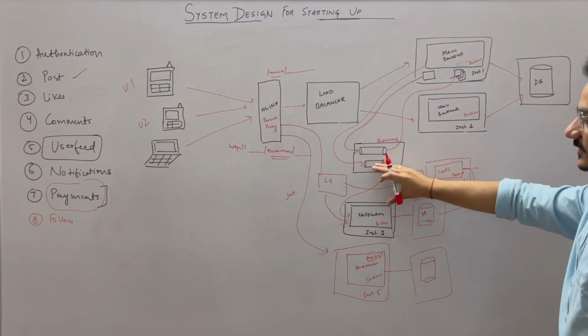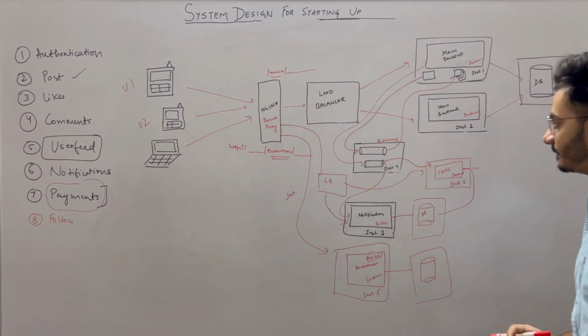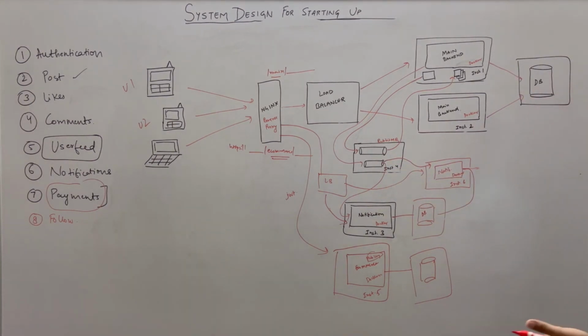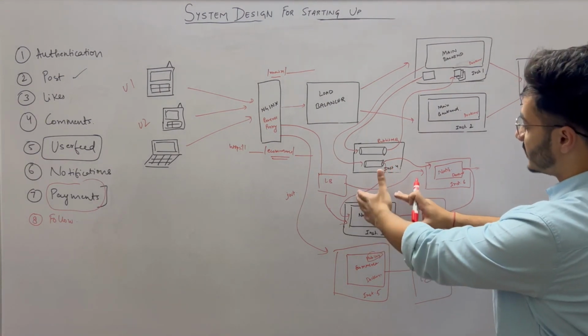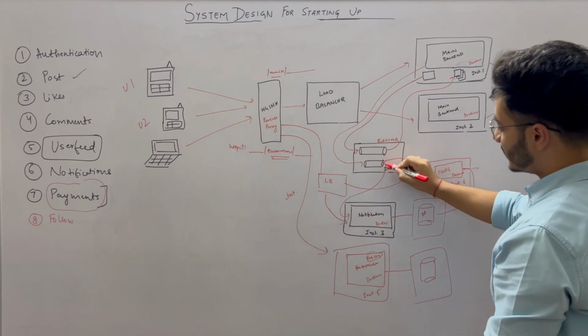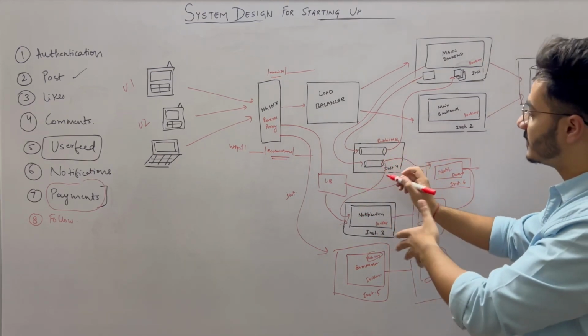Both notification services are listening to the same queue, right? So this notification service received the notification and it has removed that specific message from this queue.